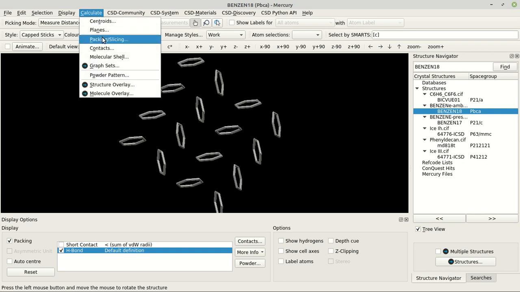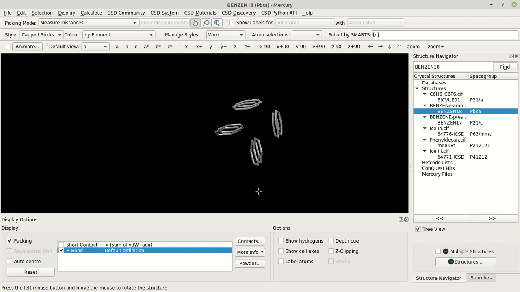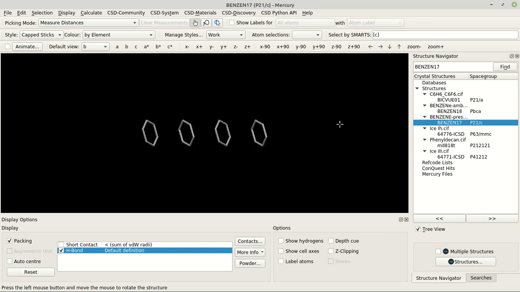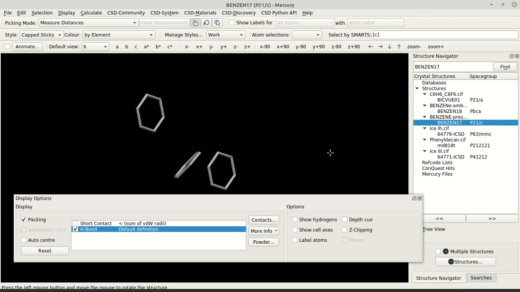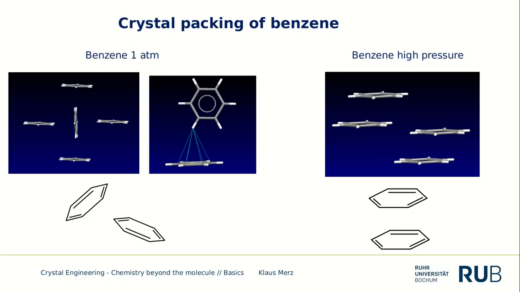Maybe we reduce the packing here. Yeah, I see it better here. And on the other side at pressure, it looks like this. So, two different types, T-shape and face-to-face.